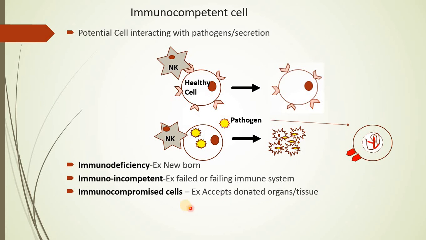For this, the cells of the host body compromise and accept the organ which is foreign to them, and the organ sustains its viability in the transplanted individual. Therefore, such cells which help in accepting the donated organ from another body are called immunocompromised cells.